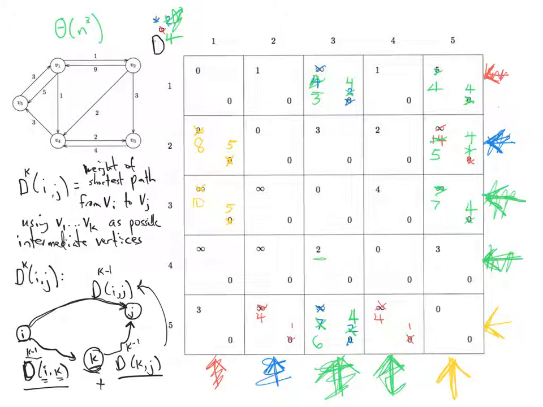And while I'm at it, this infinity here changes to 4 plus 7, which is 11. Skip this guy. 4 loses. Skip that guy. The 4 already beats the 4. And we're done. So now we're down here. So infinity is 3 plus 3. So that is 6.